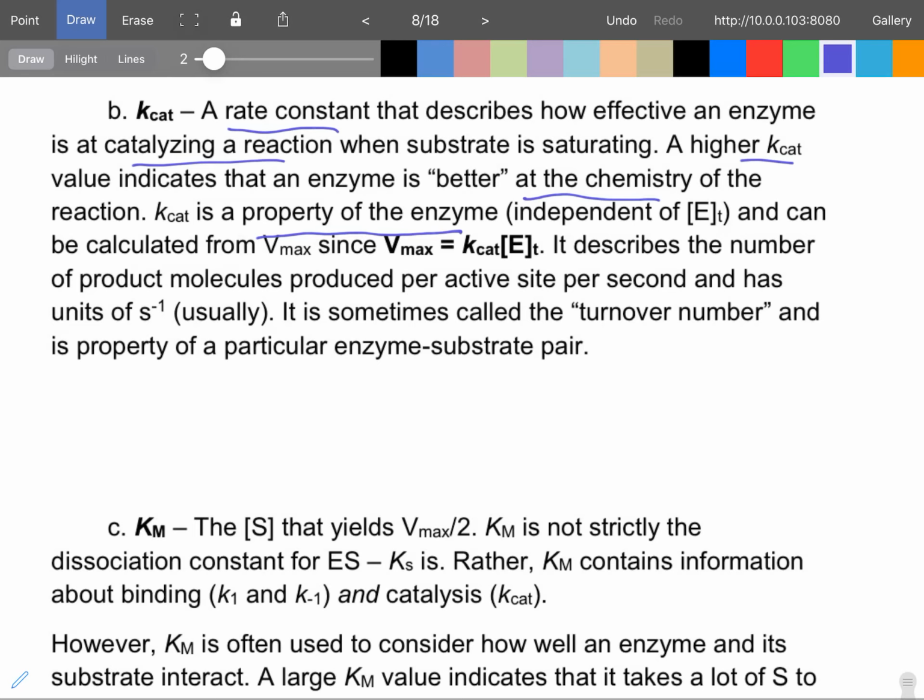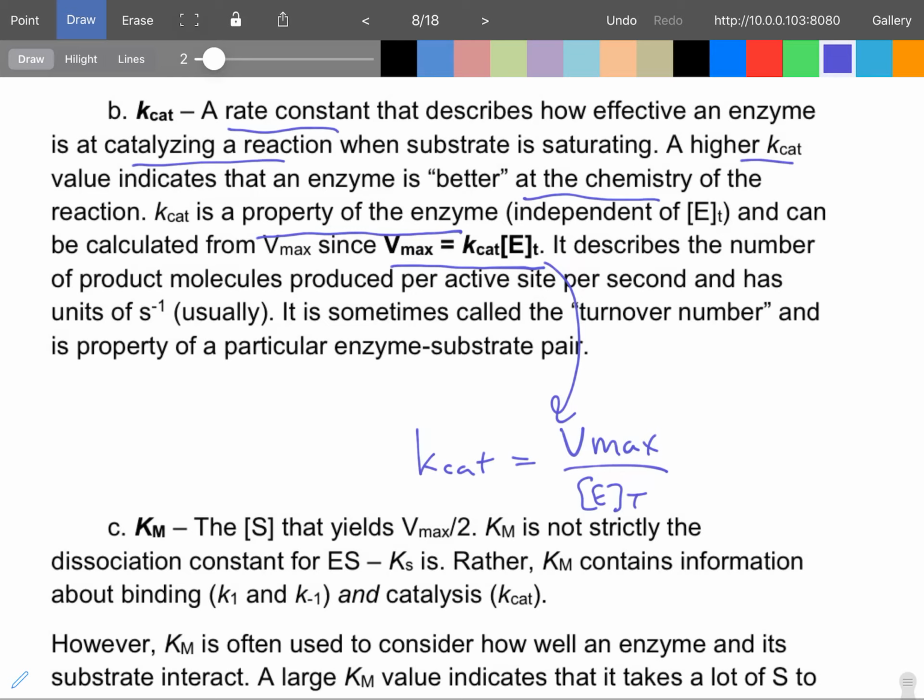And so we can calculate it using this equation right here that we saw during the derivation. We can rearrange that and say that kcat equals the maximal velocity divided by the total enzyme concentration.